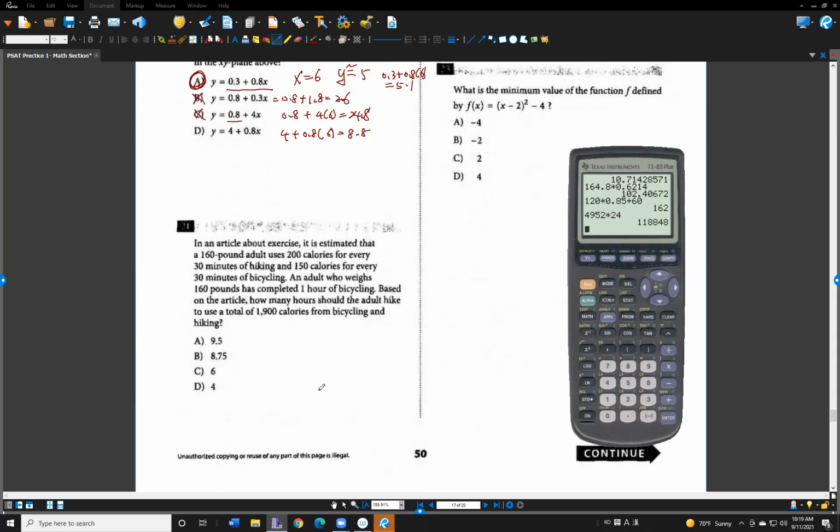All right, number 24 over here. In an article about exercise, it is estimated that a 160 pound adult uses 200 calories for every 30 minutes hiking.